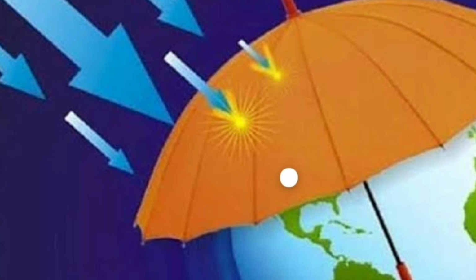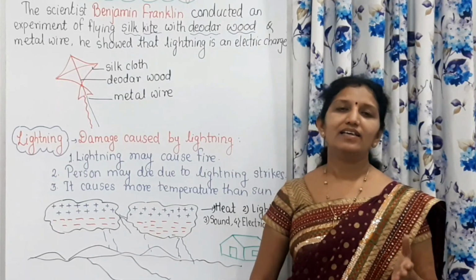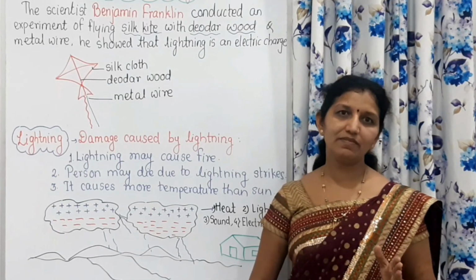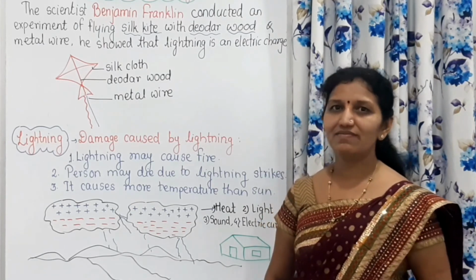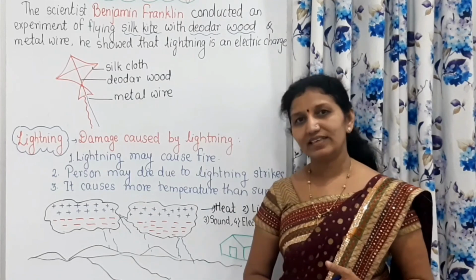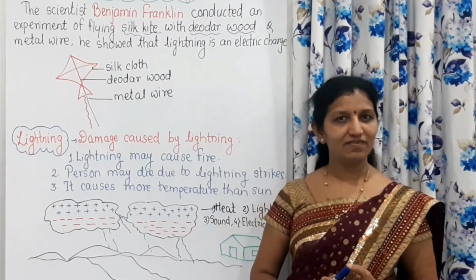The harmful ultraviolet rays are absorbed by the ozone umbrella, and it protects us from the harmful effects of the ultraviolet rays of the sun. In this way, this lightning can be useful in some ways also.